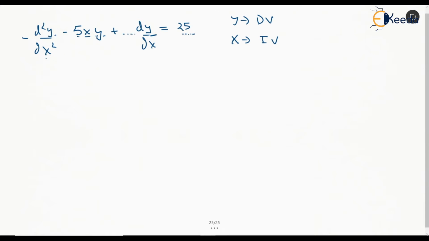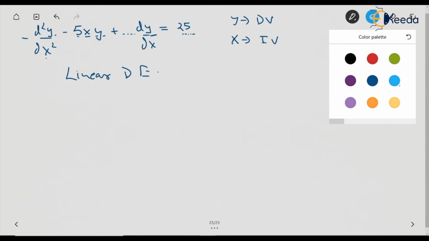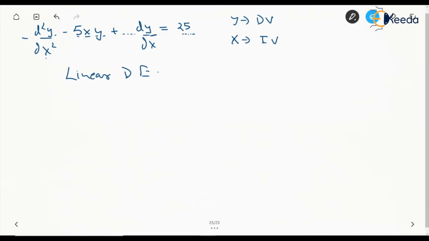So overall we can say that this is a linear differential equation. But what if we have, let's say, d2y by dx square minus y times dy by dx plus y equal to 25?